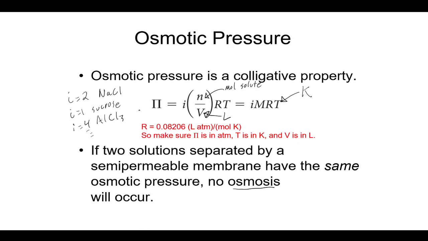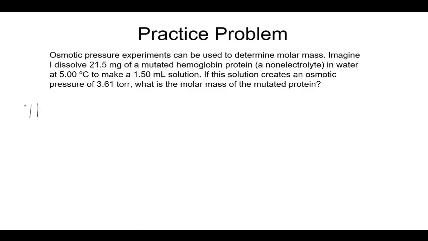All right, this is osmotic pressure, pi. I want that in atmospheres. The van 't Hoff factor, i. Well, this is a non-electrolyte, which means i equals 1. n, I want moles. V, I want liters.